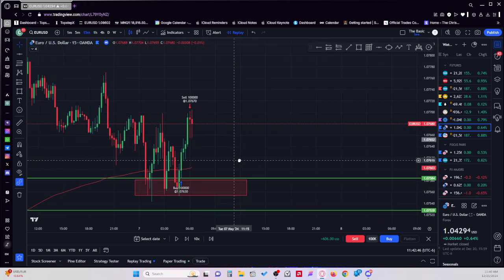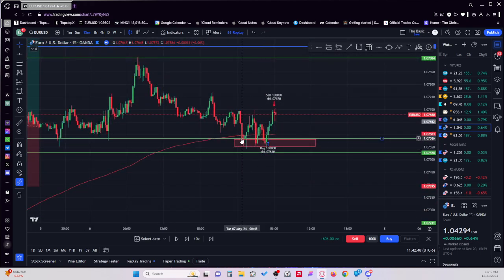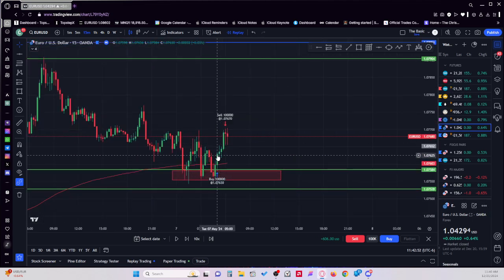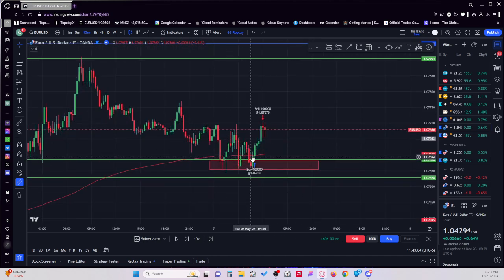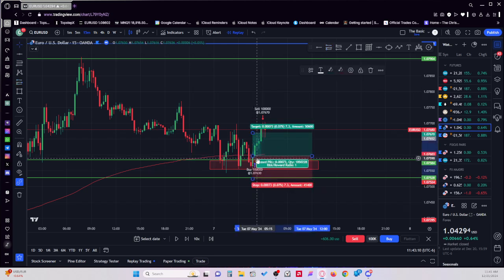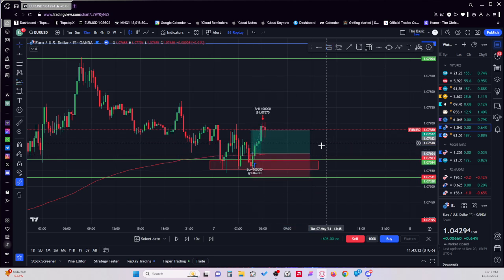Even with this trade, the clear level is right here. I did get in late, but I would have preferred to get in right here. Normally, I wouldn't really trade this because the market's not really moving. It's kind of just consolidating, right? But like I said, we're doing this for example. I would have liked to get in right here, or a little bit after it breaks this candle.